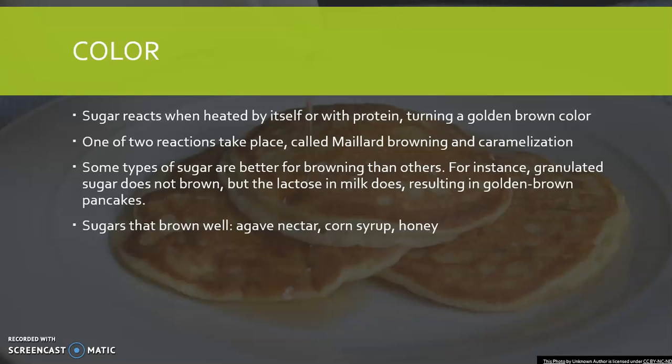And there are other factors that go into it, like the fat might contribute to browning, but you generally will notice if you put milk in your pancakes, they will turn into that nice, pretty golden brown color. So like I said, not all sugars are equal as far as browning goes. Some sugars that are good for browning are agave nectar, corn syrup, and honey.